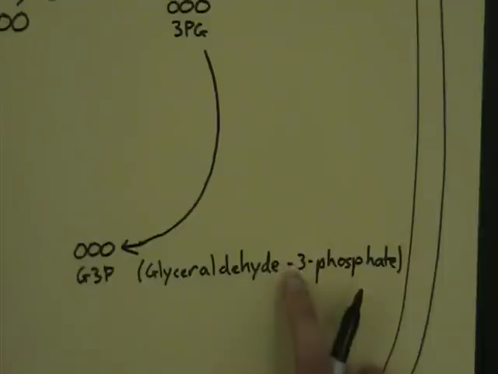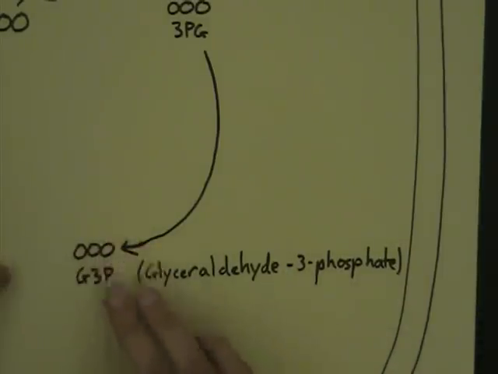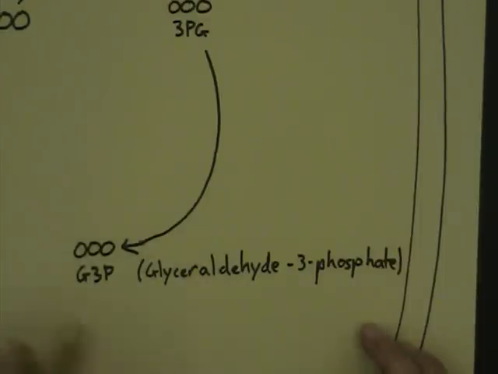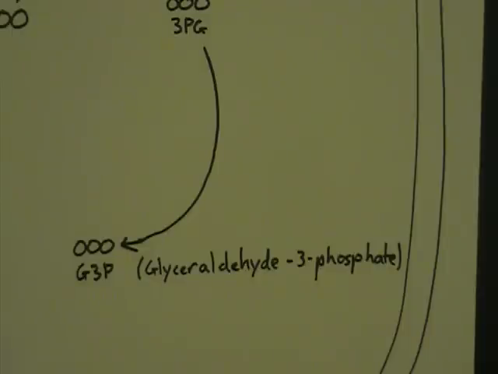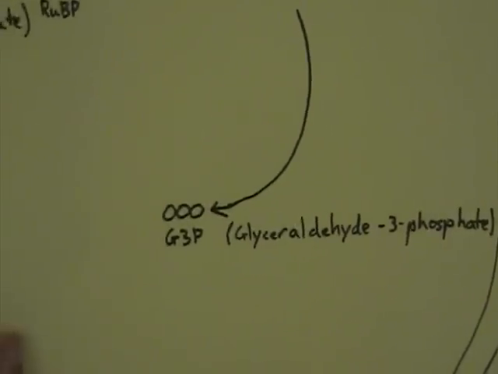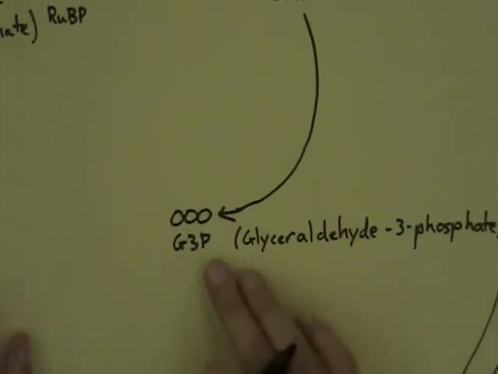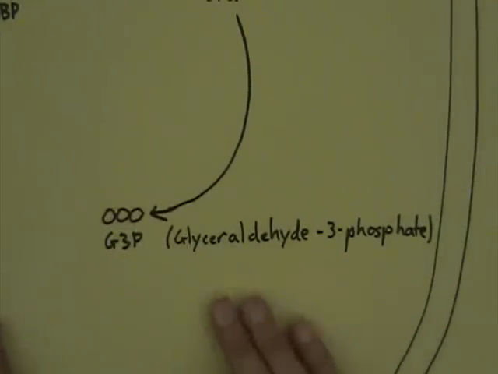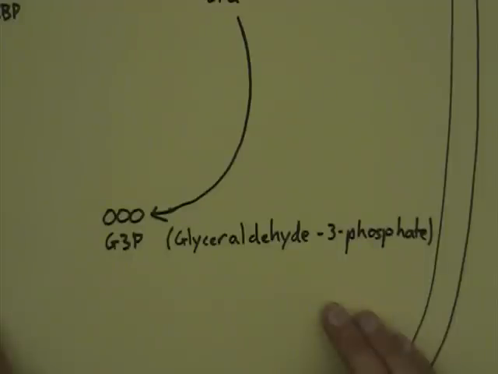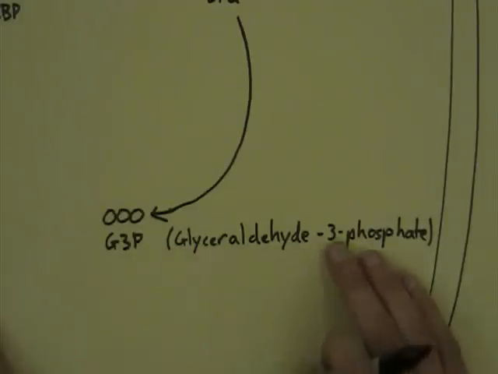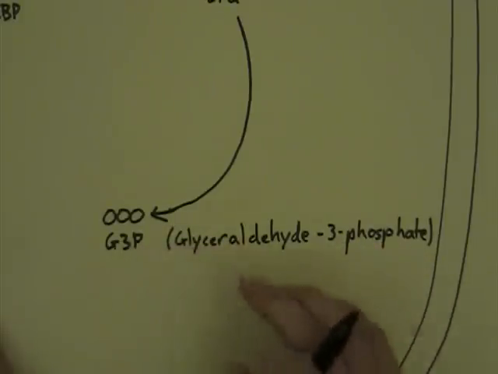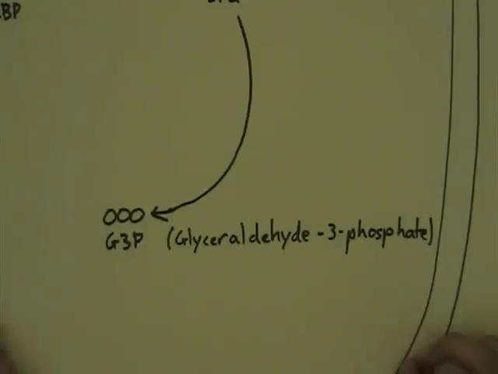Again, this 3 can help you to remember that there are 3 carbons in the molecule. That's not actually what it stands for, but you can think of it that way and that might help you. So this is G3P. And again, the long name, you don't really need it, but if you're familiar with it, that helps. If you know G3P, then you should be fine.